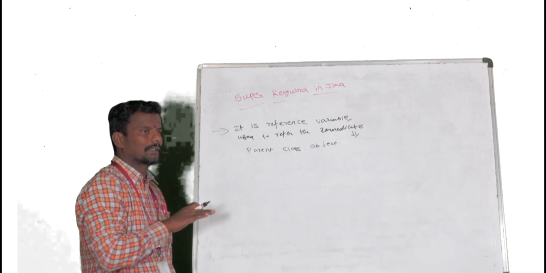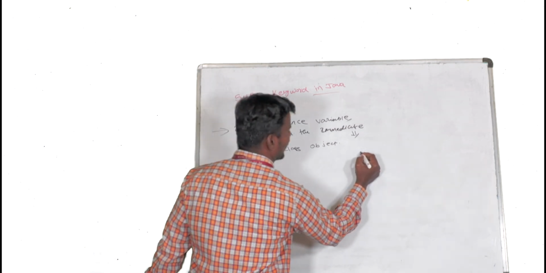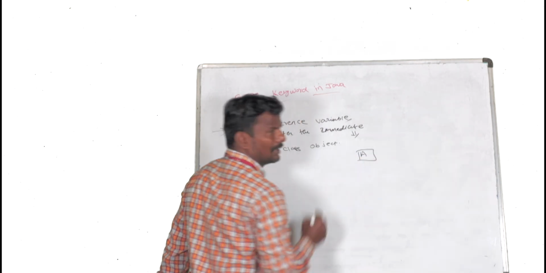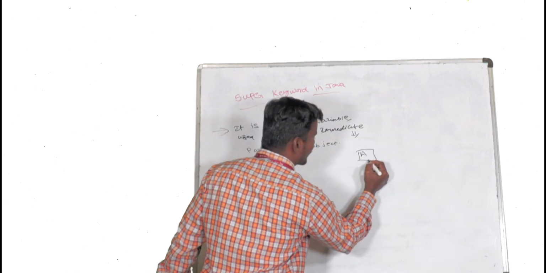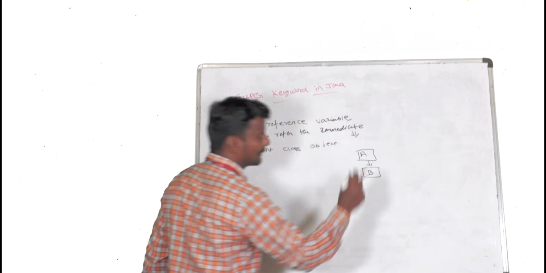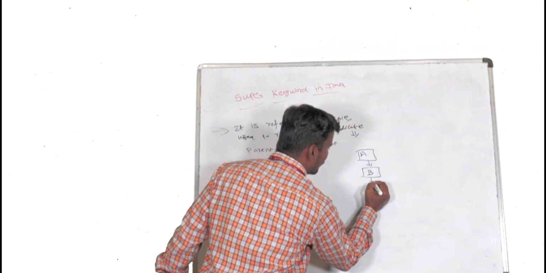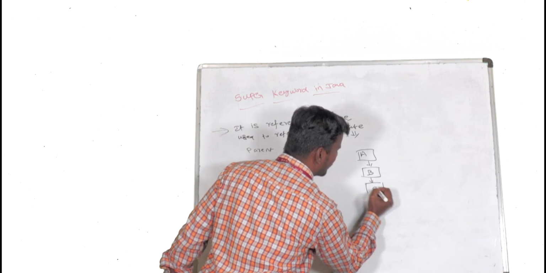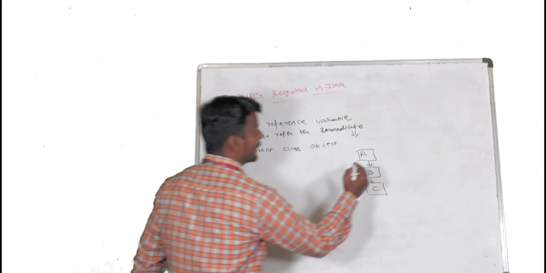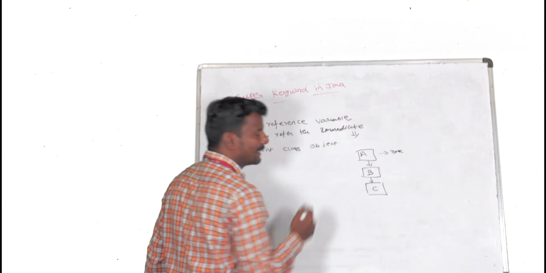Suppose we have one base class, class A. From this base class we derive one new class, named B. Then, by using class B, again we derive one new class, named C. Here A is the base class and B is the derived class.